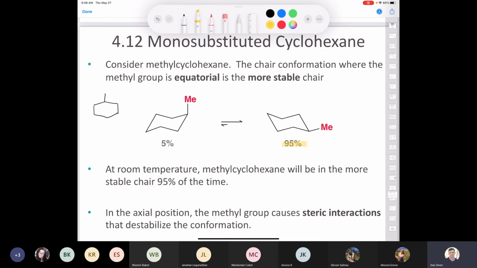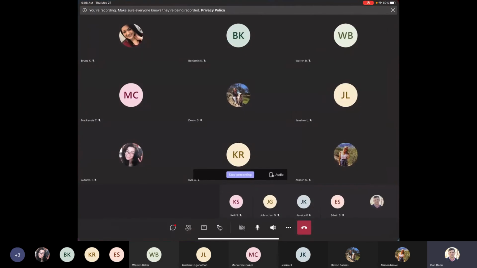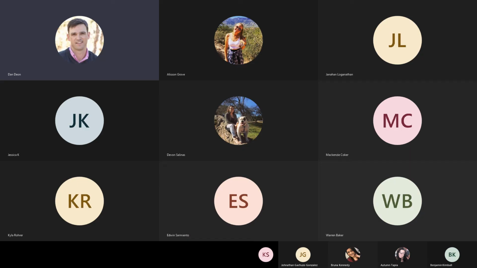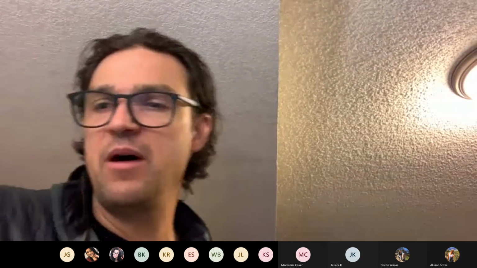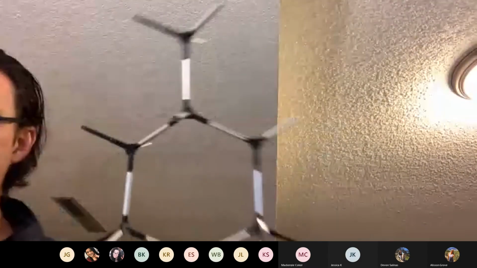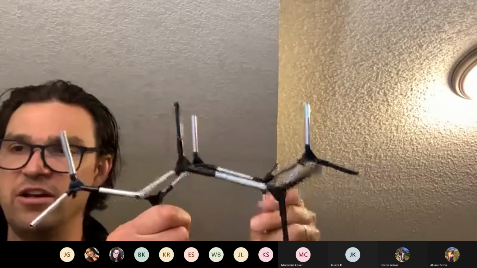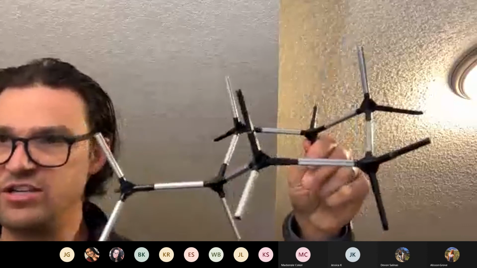Let me go back to my camera again, and I'll show you why. You can move on to the next slide if you want, but I think the model is the best way to see it. If you drew it in 2D, this is my methyl cyclohexane, but we want to look at the chair. So here's the chair like this.